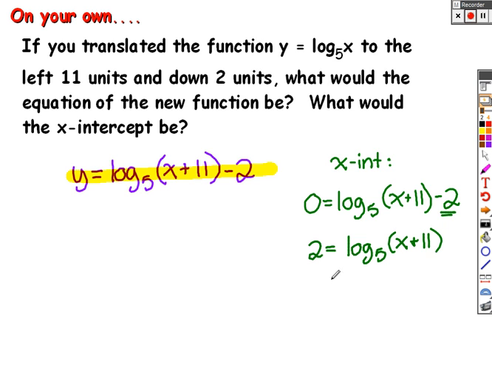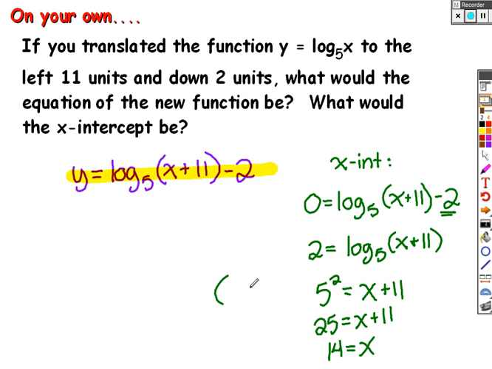And at this point, the base is 5. A logarithm is an exponent. 5 squared should equal x plus 11. So 25 equals x plus 11, and if I solve, I'd get out 14 for x. So if I plug in 0 for y, I get out 14 for x. That would be the x-intercept of this function.